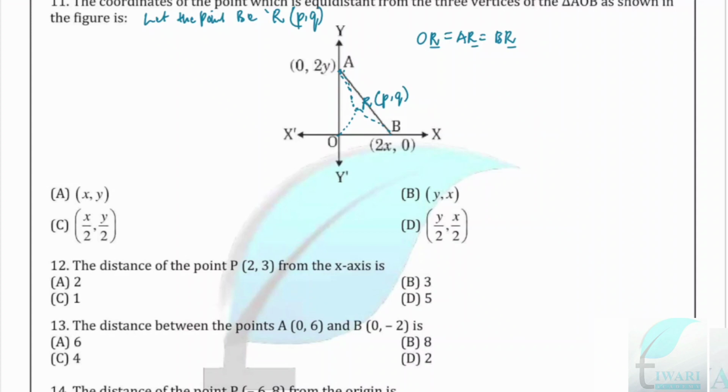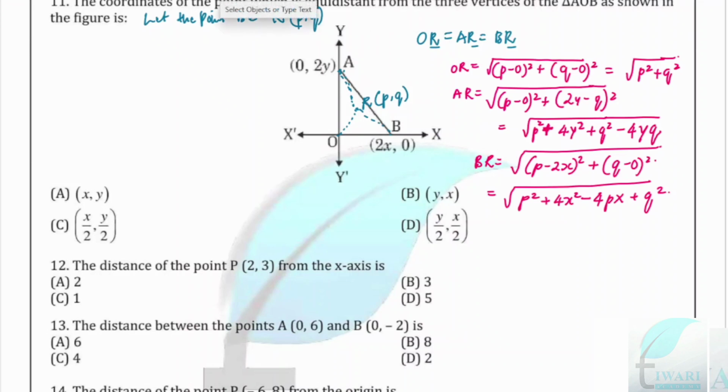Okay. So let us apply distance formula here. We have to find the distance OR, AR and BR with the help of distance formula. I have already calculated these values for you. But we all know that OR is equals to AR, that is equals to BR.